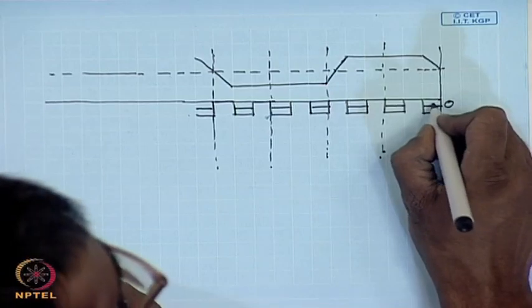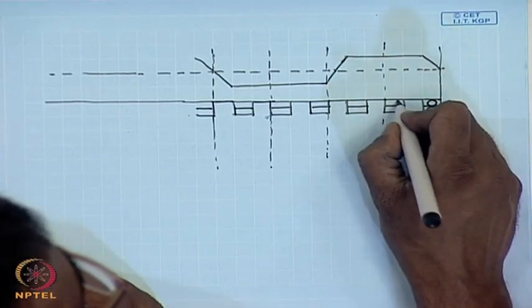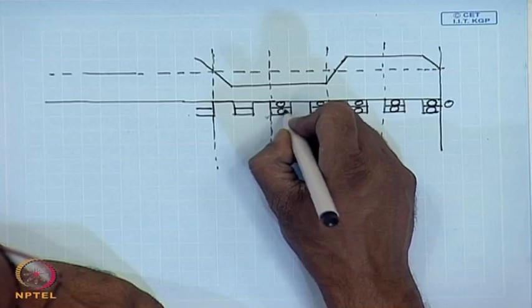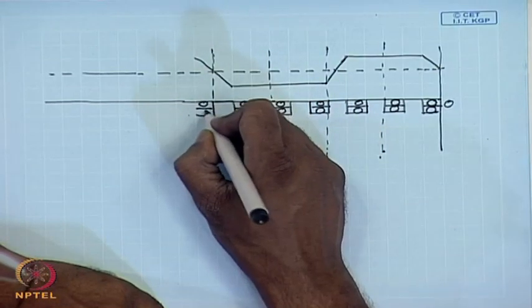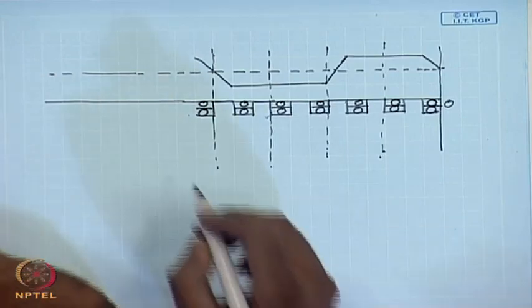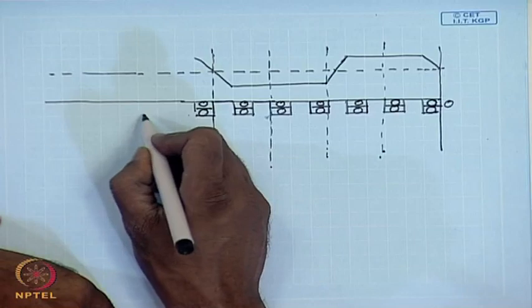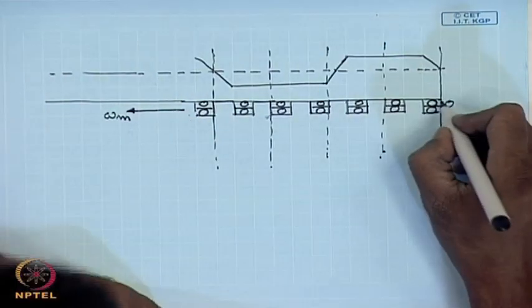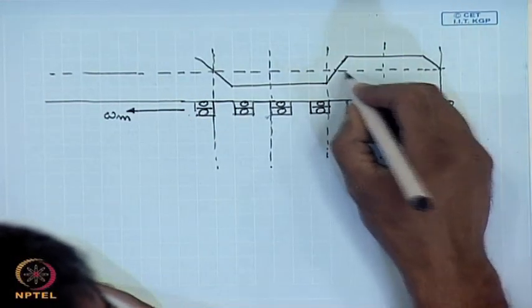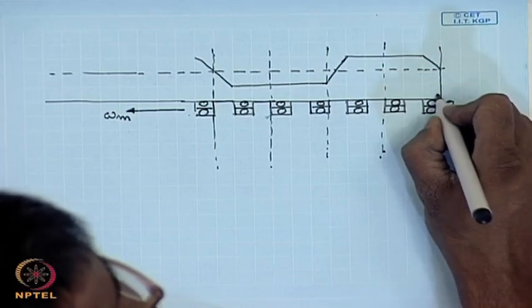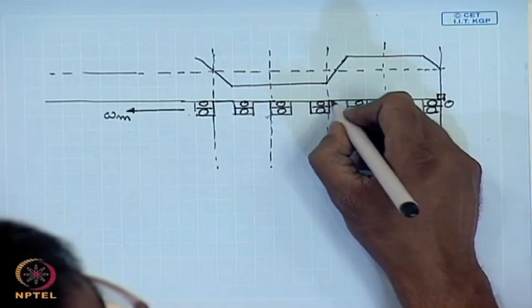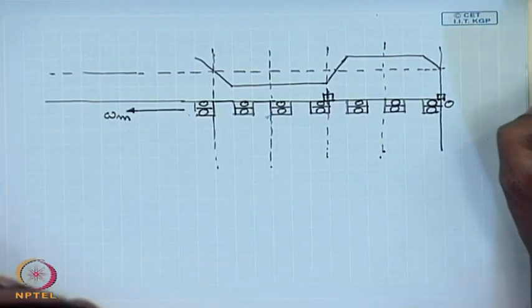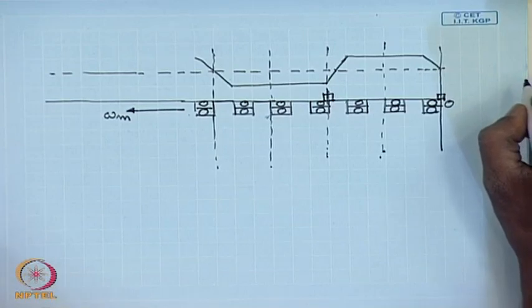We have seen that if this armature is moving at a speed omega m in this direction, then there will be an induced voltage in these coils.